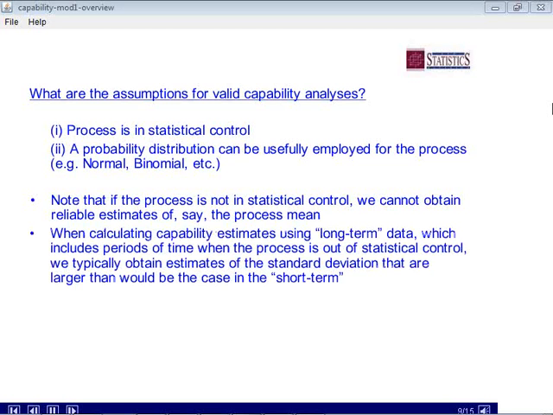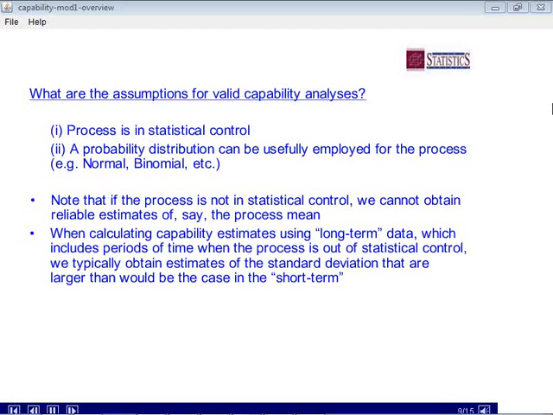Now, when calculating capability estimates using so-called long-term data, which includes periods of time when the process is out of statistical control, we typically obtain estimates of the standard deviation that are larger than would be the case in the short term. What's the situation in which you may see this? Well, let's say that you're going to be doing some kind of a quality improvement initiative, and you need to be able to provide an estimate of how well, or I should say how badly, the process is actually performing.